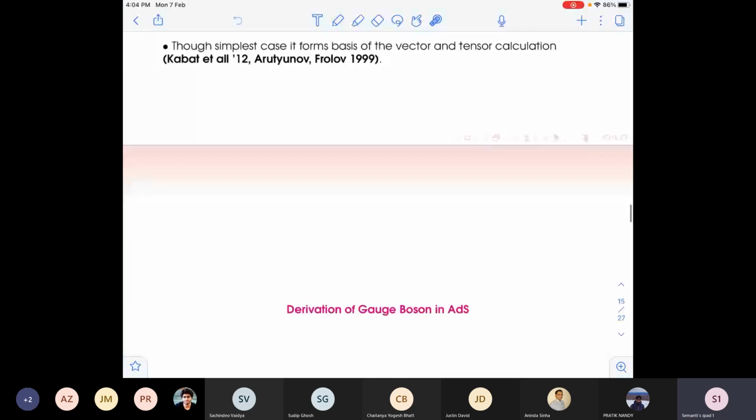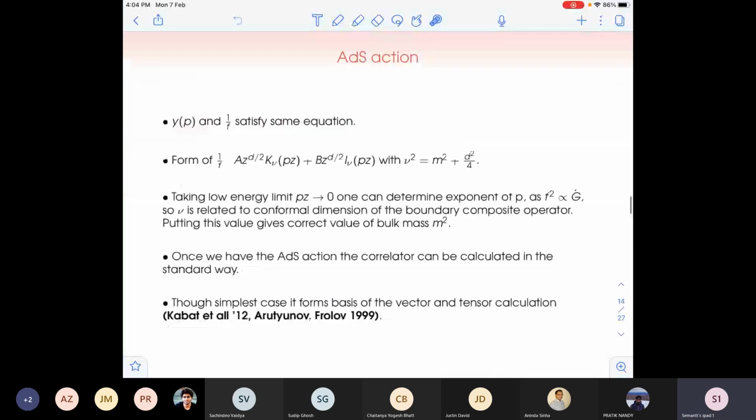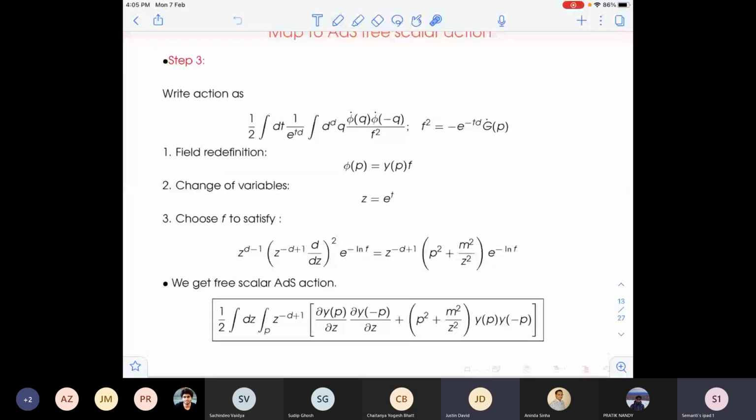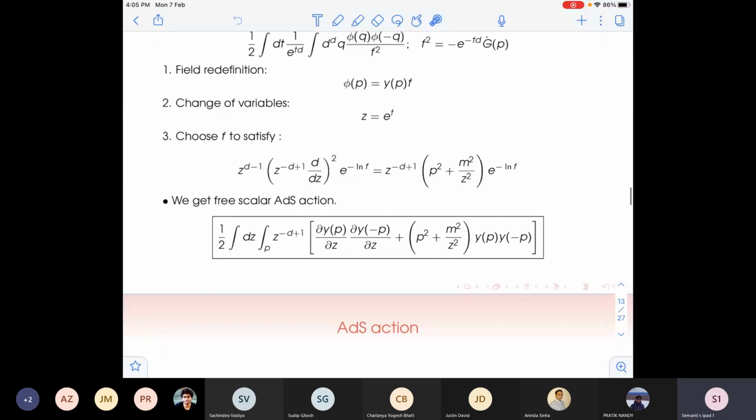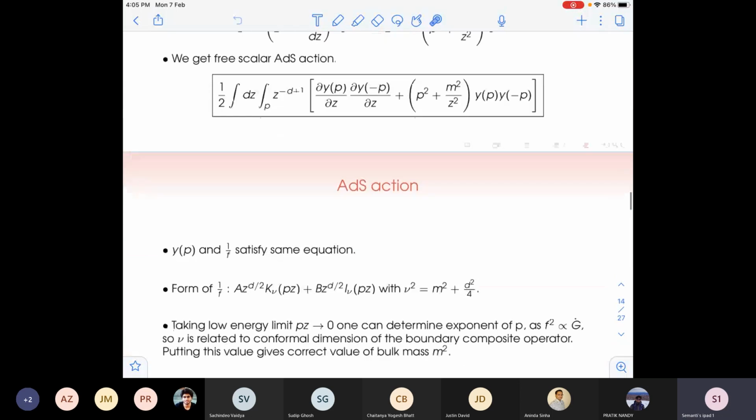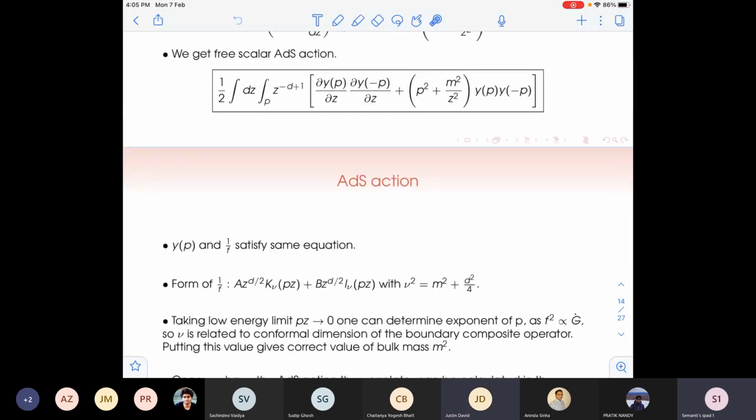So here there are several points: field definition, change of variables, and choosing f to satisfy a special constraint, so that we now get the free scalar AdS action. Several points to notice: y and 1 by a satisfy the same equation.